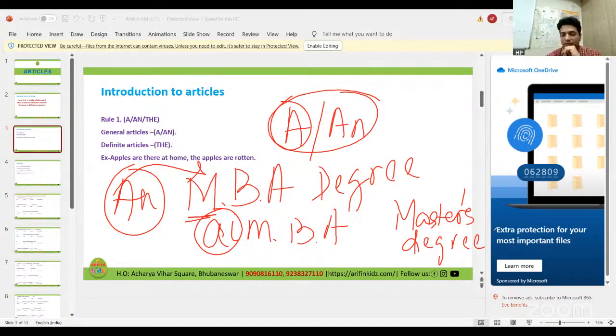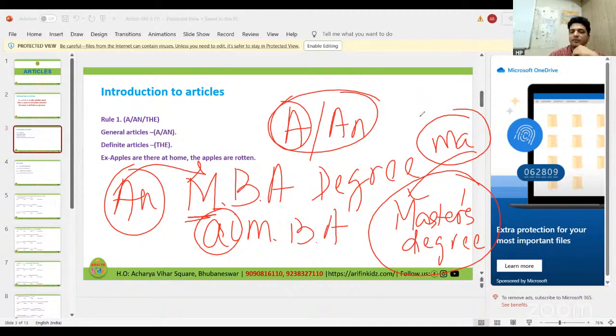Now, if you see this context, master's degree, the pronunciation starts with "ma". So it becomes a master's degree.